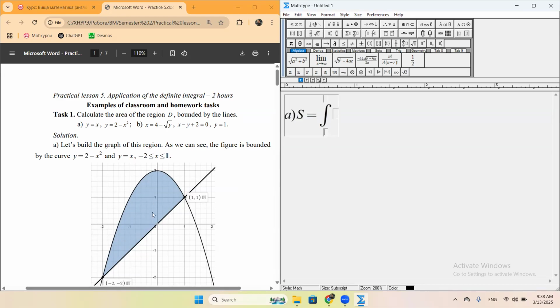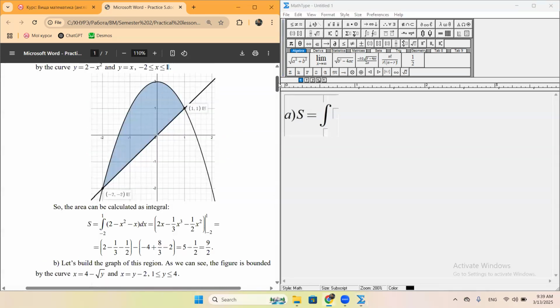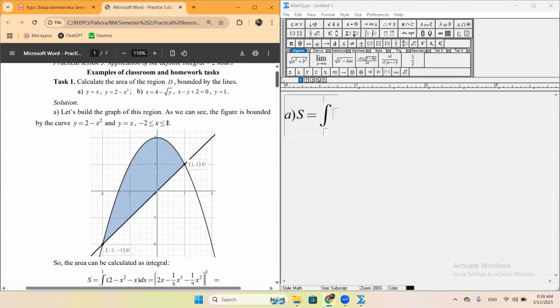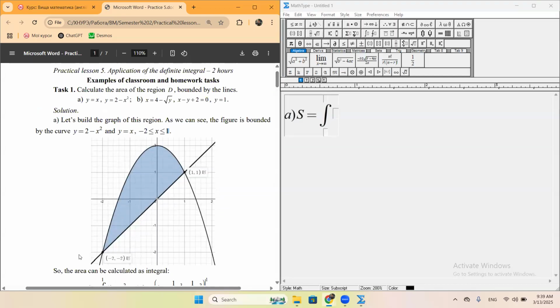And how to define the bounds of integration? We need to find the intersection points of these graphs. So here is the point (-2, -2), and here (1, 1). So x goes from -2 to 1.